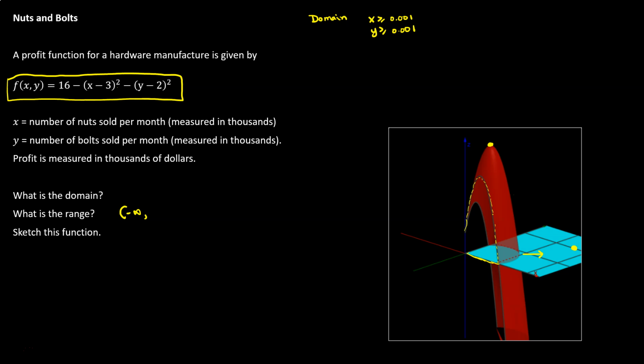As for the largest values, that's going to stop right here at the top of the function. And finding that highest point is actually something that we're going to learn how to do in this chapter when we maximize these multivariable functions.